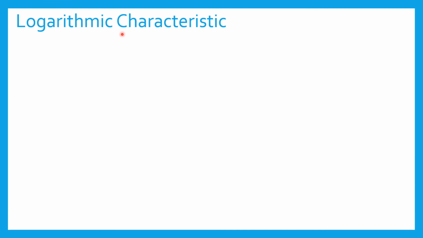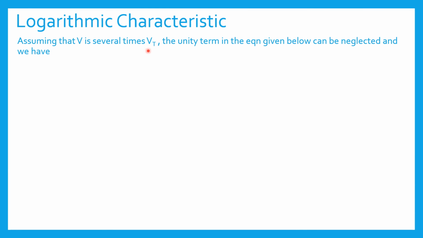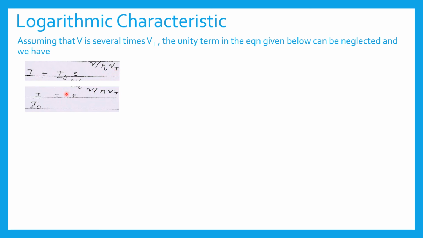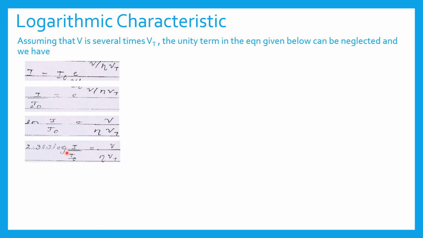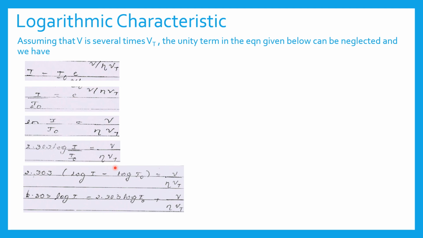Logarithmic characteristic. Assuming that V is several times Vt, the unity term in the equation given below can be neglected and we have I is equal to I0 into e raised to V by eta Vt. Rearrange the term, take I0 on the other side. Taking the log, so ln(I/I0) is equal to V/(eta Vt). 2.303 into log(I/I0) is equal to V/(eta Vt).